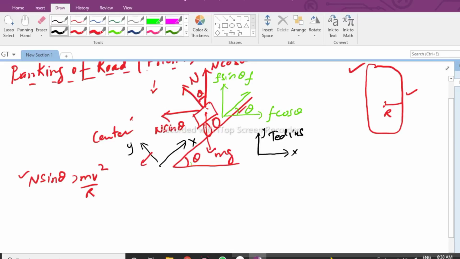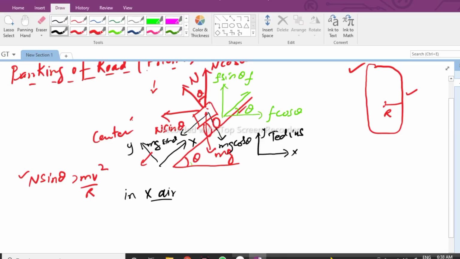Okay, so if you take the x direction, you have to see what all forces are acting. We have not resolved this mg also, which will have components mg cos theta and mg sin theta.